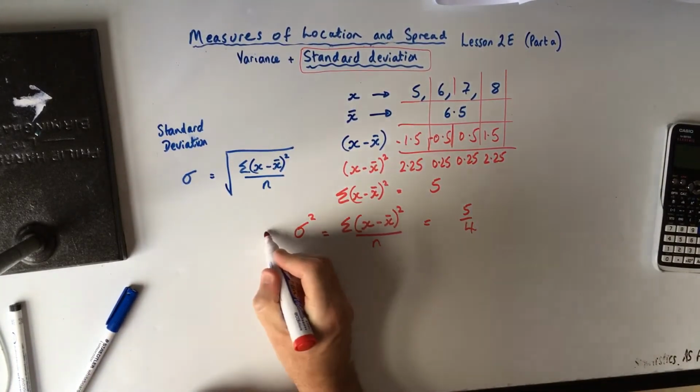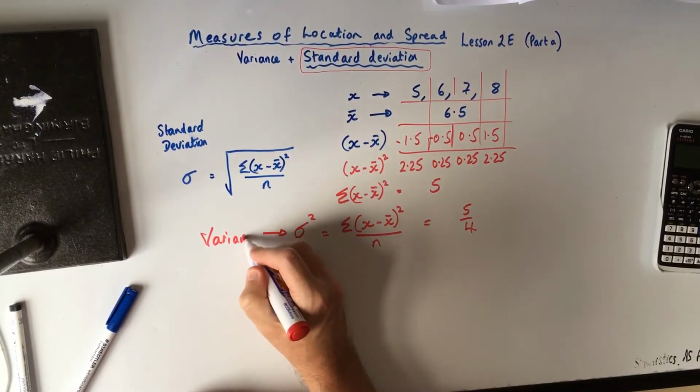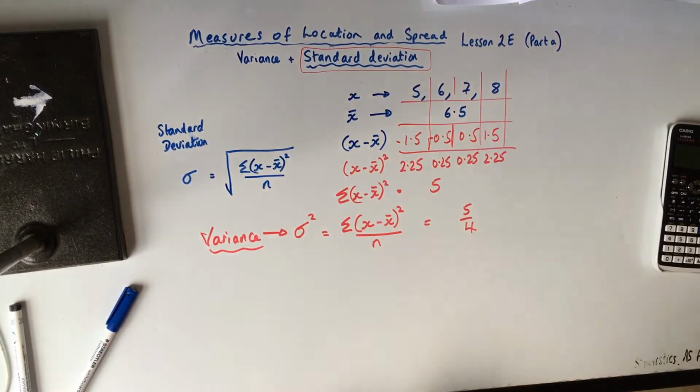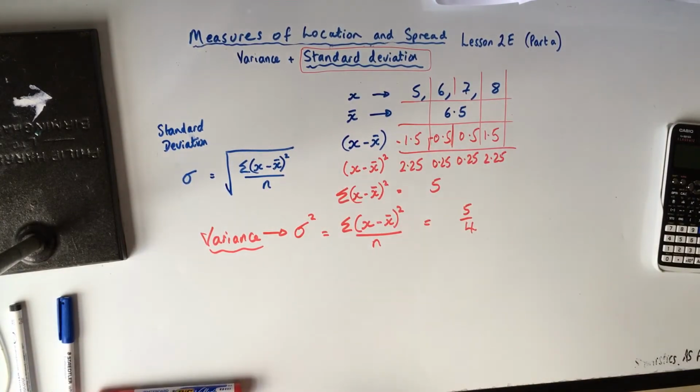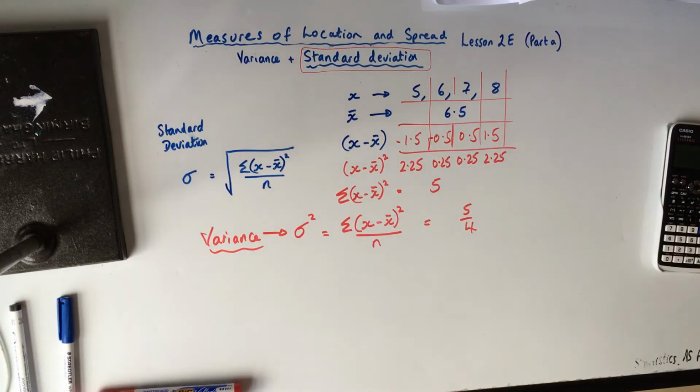This is what mathematicians call the variance. So that's done and dusted. Why you ever need the variance, I don't know. They use it as a measure of spread, but it never really is, because people don't talk about the variance. They always go on to work out the standard deviation.